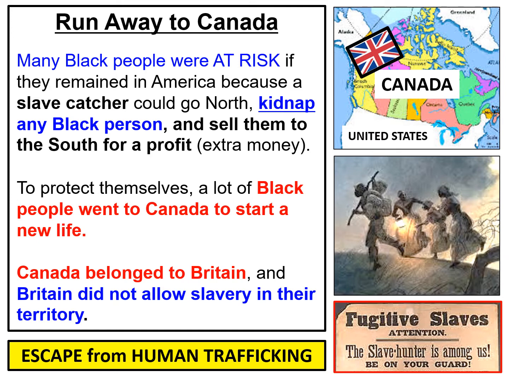It could cause a problem because Great Britain had ended slavery way before the United States did. There wasn't a war between the United States and Great Britain over slavery. And so if you got to Canada, you were safer than if you would have stayed in the United States.